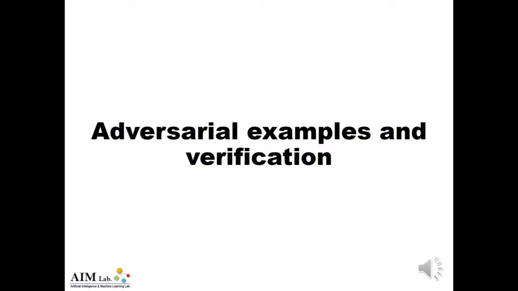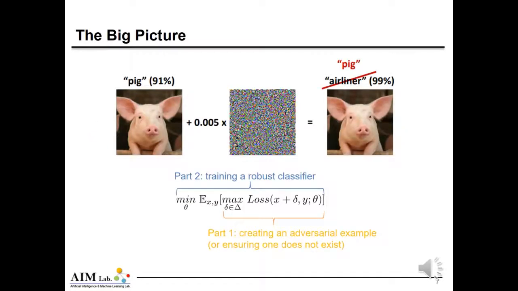So let's discuss how adversarial examples come about and their verification. We want to train a model that generalizes well, not just on a fixed dataset, but actually on adversarial perturbations of the dataset. We are going to minimize this objective overall.